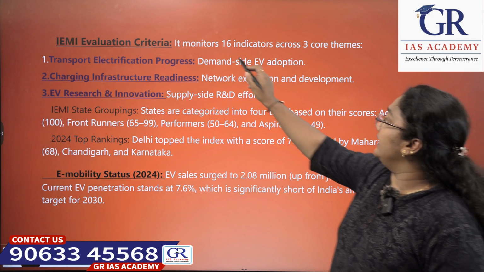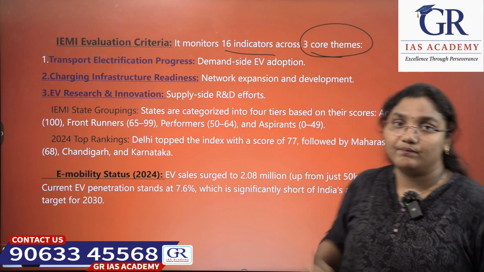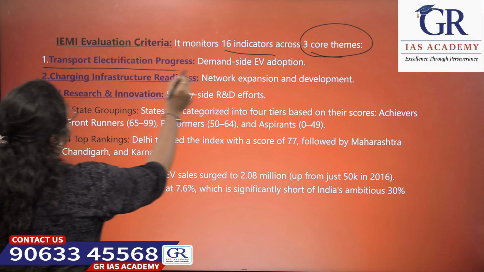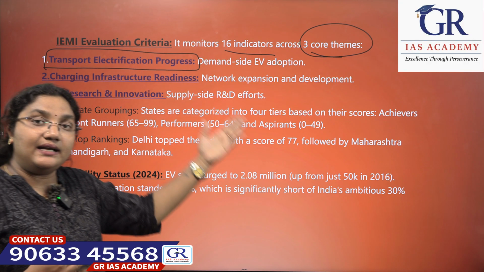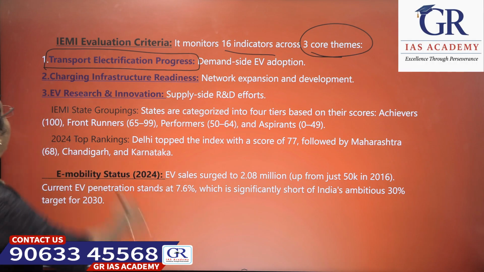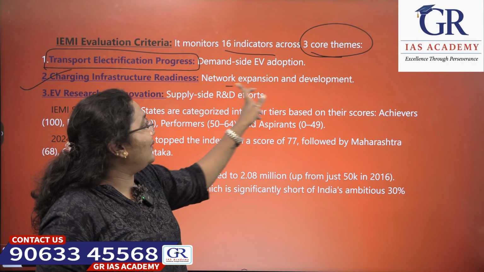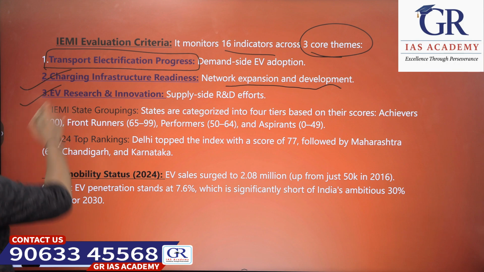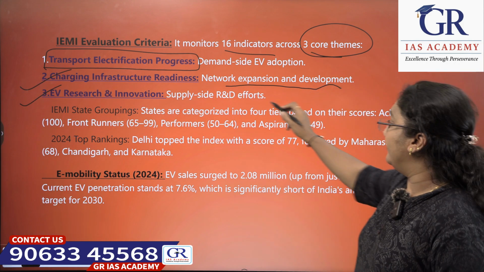It monitors 16 indicators across 3 core themes. First, transport electrification progress, which is demand side electric vehicle adoption. Next is charging infrastructure readiness, that means network expansion and development. The next one is EV research and innovation, which is the supply side of R&D efforts.